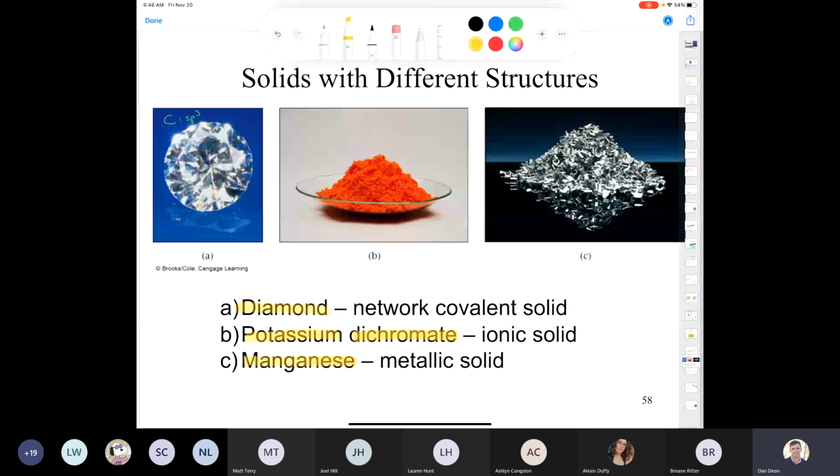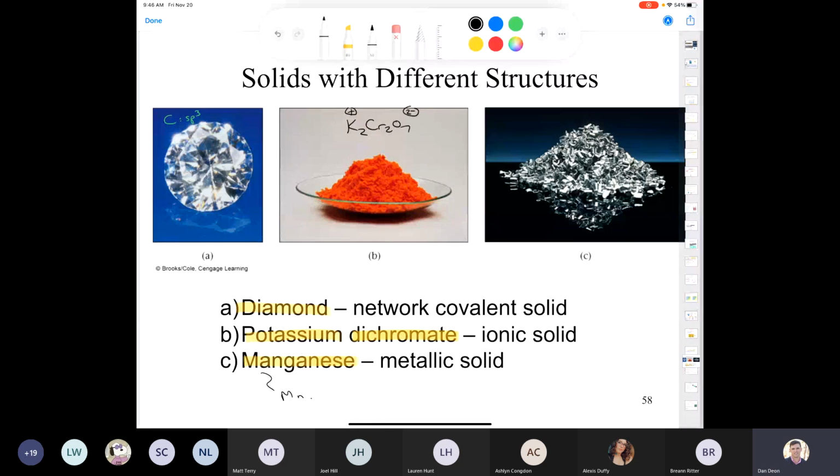We have the dichromate ion, and we have the potassium ion. Potassium has a +1 charge, dichromate has a 2- charge, and those are going to be attracted to each other. The electrostatic interaction. Finally, manganese, Mn, is a metallic solid held together by metallic bonds.